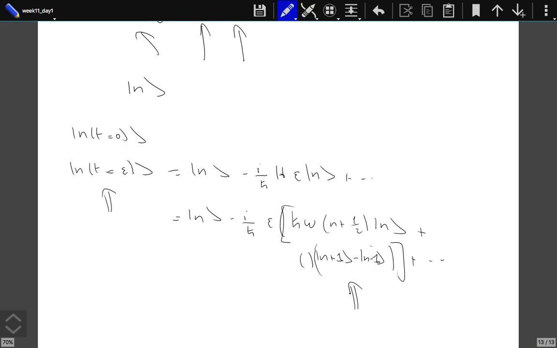So you are basically creating phonons in your system using this electromagnetic field. Okay, so let's finish for today.